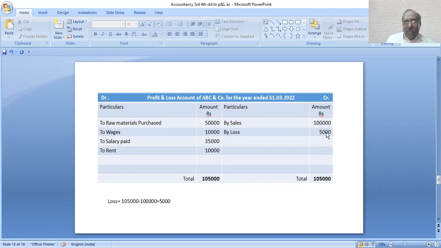That is the loss. We mention that loss and put it on the side which has the lowest total. If we add 1 lakh plus 5,000, it becomes 1 lakh 5,000, which will be equal to the expenses. This is how we prepare the profit and loss account.